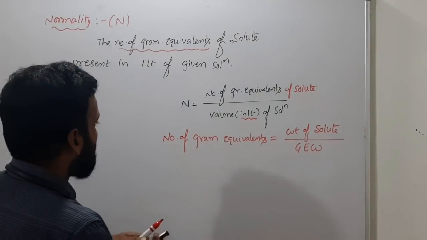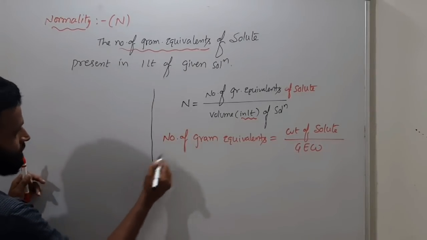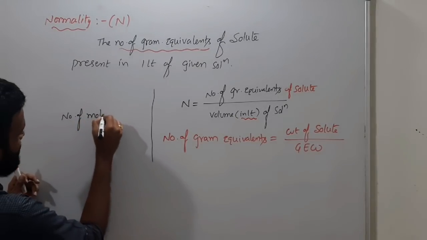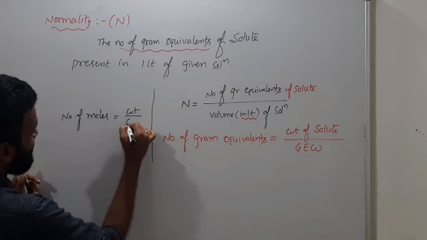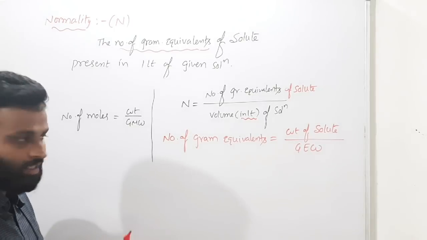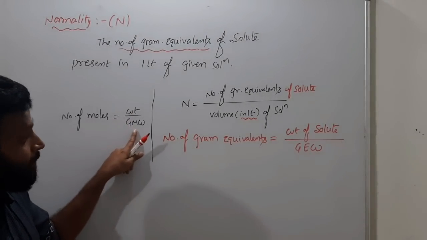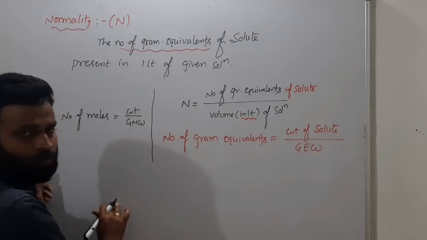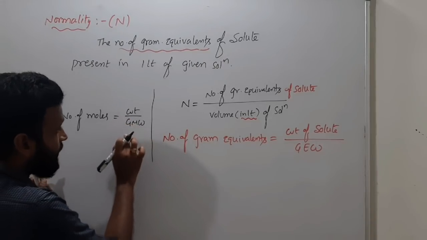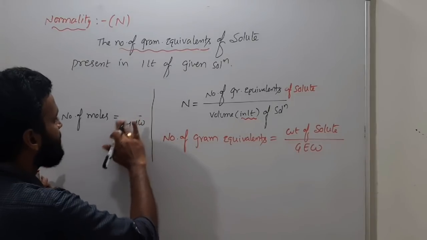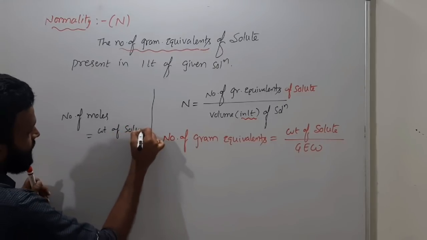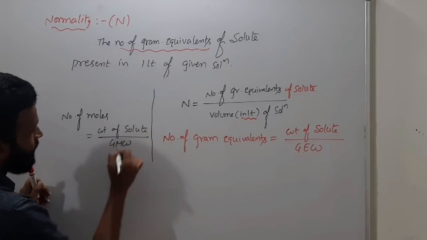So what is the number of moles formula? Number of moles is equal to weight of solute by gram molecular weight.